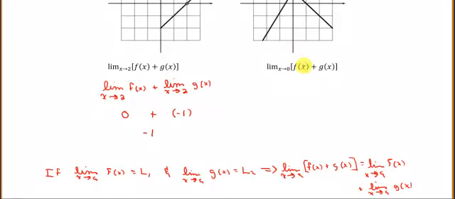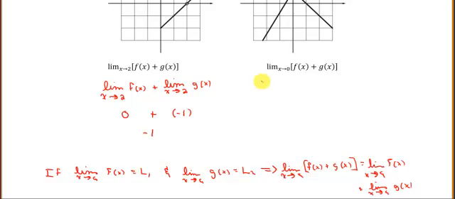So what about this limit? Now, can we just say it does not exist? Well, we can't do that either. The theorem doesn't say anything at all about this if one of these limits or both do not exist. In fact, there are examples where both of the limits do not exist and the limit of the sum does. All right, so let's see if we can figure this out.